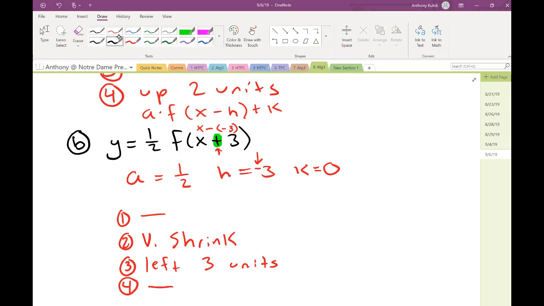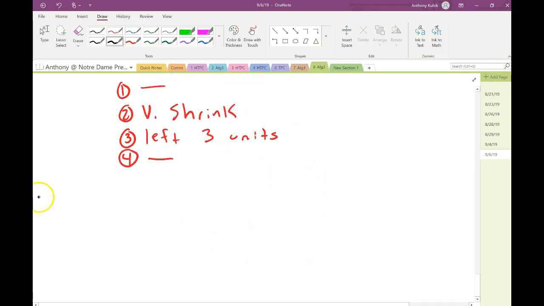We're just looking at the behavior of this function, describing what we'd expect the transformed version of the parent to look like. So this one would be shrunk down a little and moved left. Everybody okay with that idea? Now, if we knew what the parent function looked like, we could generate a decent graph, and that's really what we're going to do on our next example.